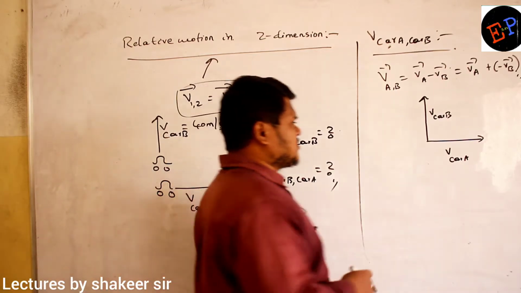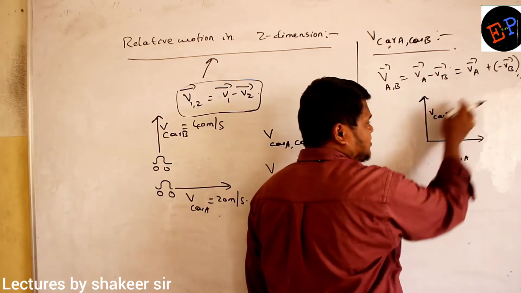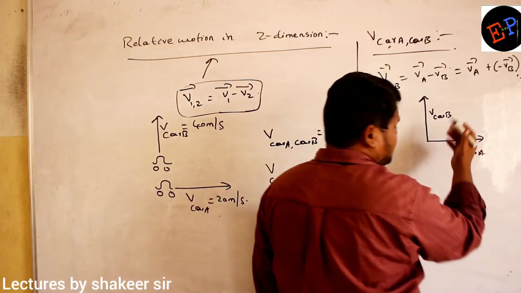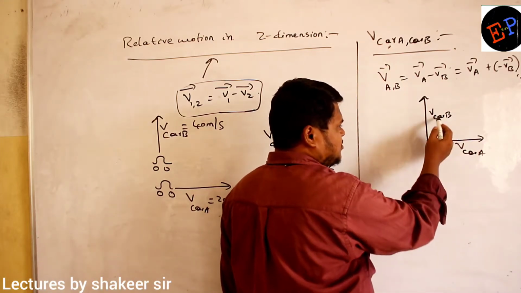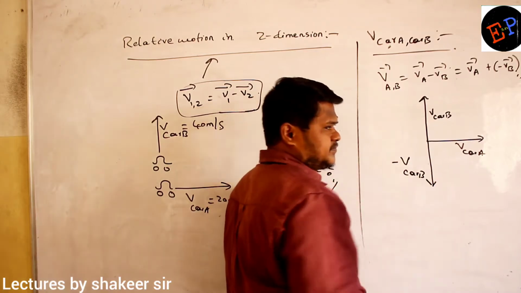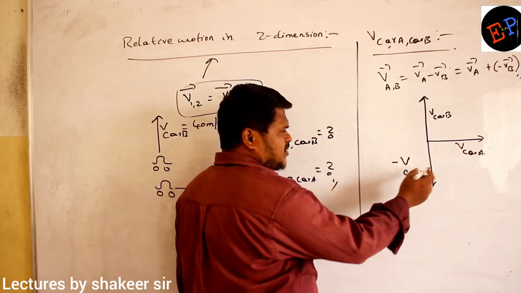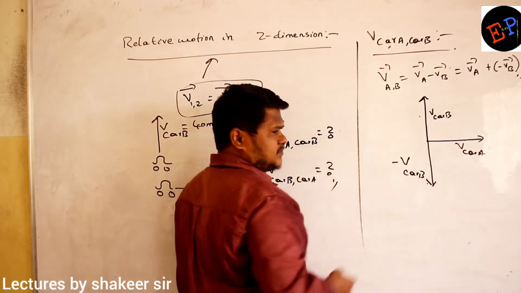So therefore I have to take VA and minus VB. This is plus VB. Minus VB means what I have to do? Just draw it in the opposite direction. So this is the positive velocity of the car and this is the negative velocity of the car. Now we take the resultant of this one and this one.